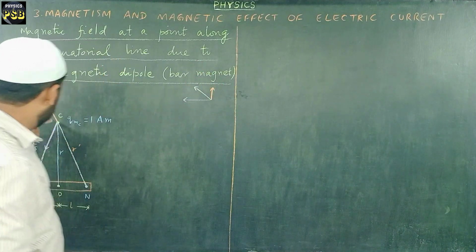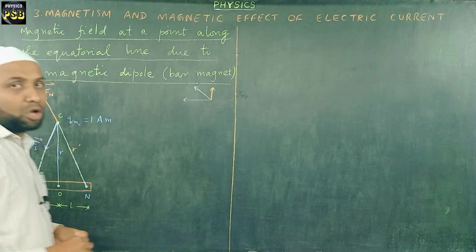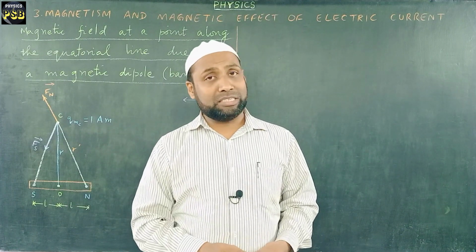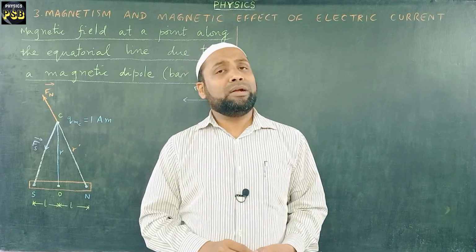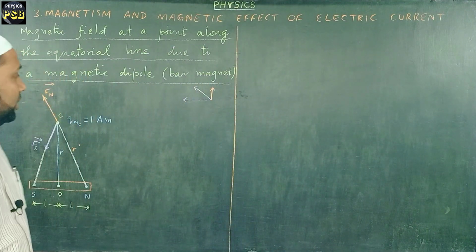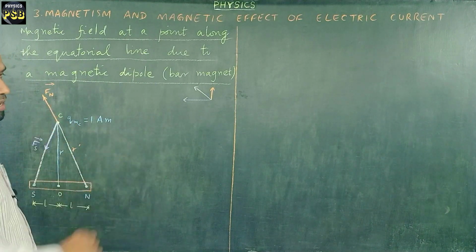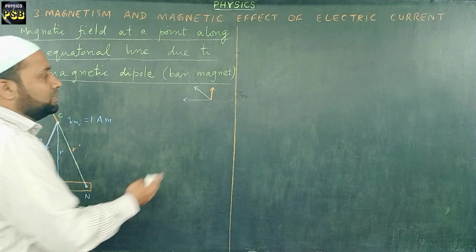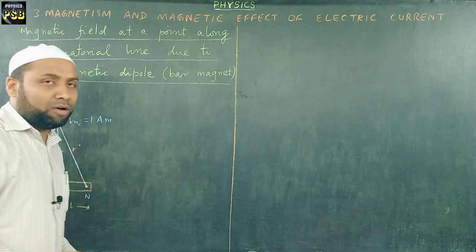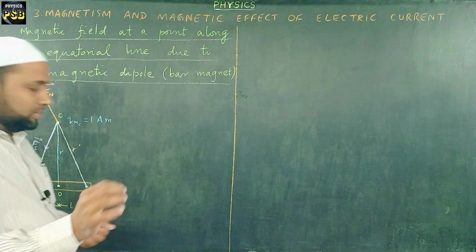So, F_n vector and F_s vector have components along the x-axis and also the y-axis. We call these components of a vector. Okay, this I am going to show you here. I will take up these two forces separately, split them, and show the rectangular components of these two forces acting at point C.